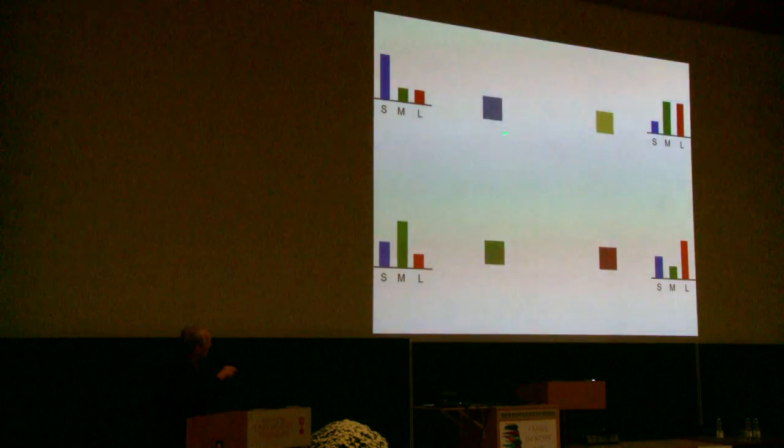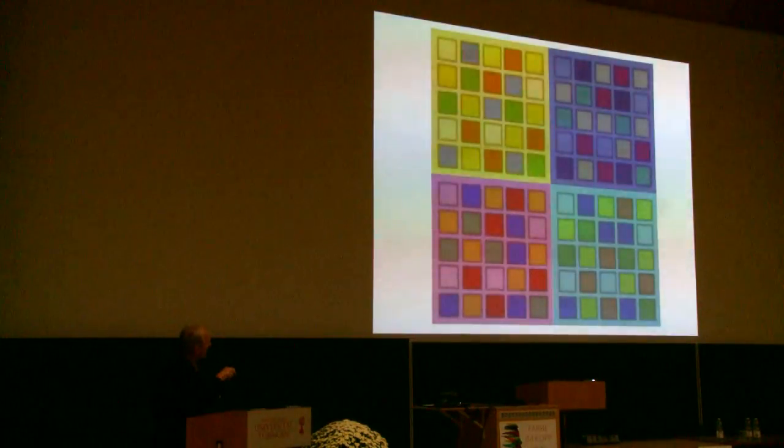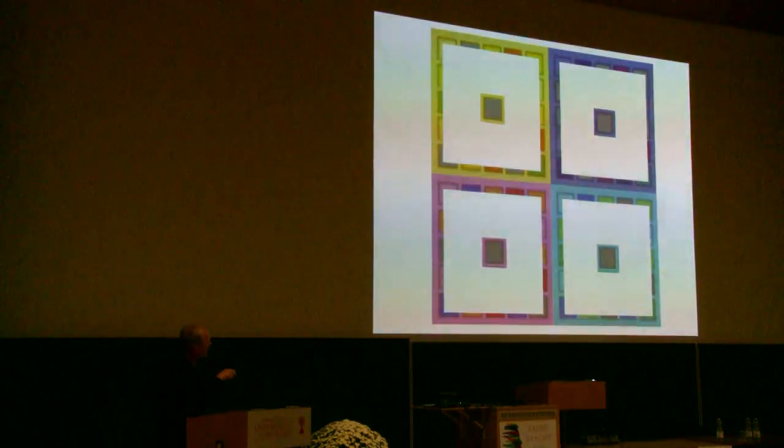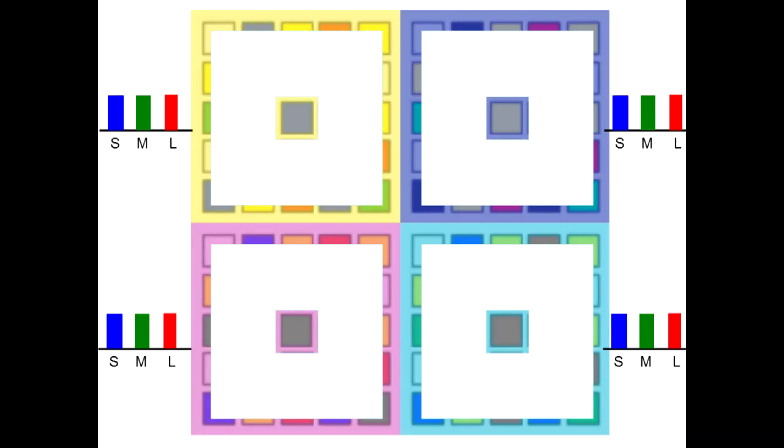Now, here you see the 4 patches, blue, yellow, green, and red. And here at the center, you see 4 patches that probably look relatively similar, blue, yellow, green, and red. But what's happened here is that I've simulated an illumination on these patches, and in fact all of these 4 patches have the same neutral distribution of light, and therefore lead to the same neutral level of cone excitations.